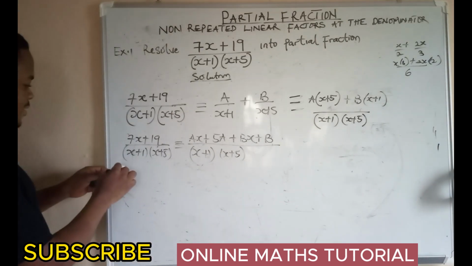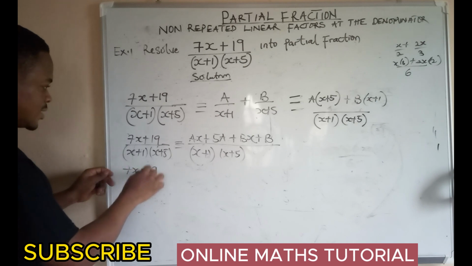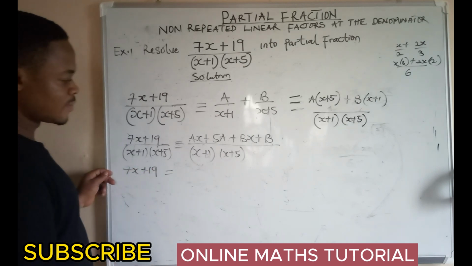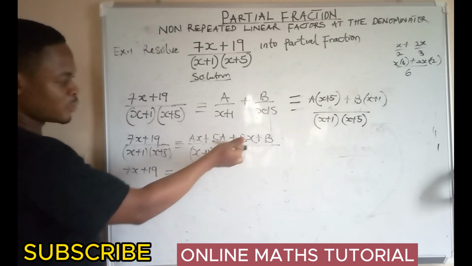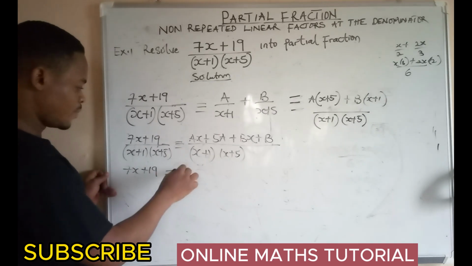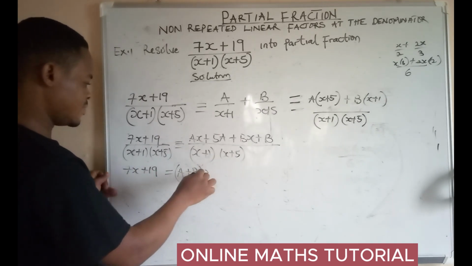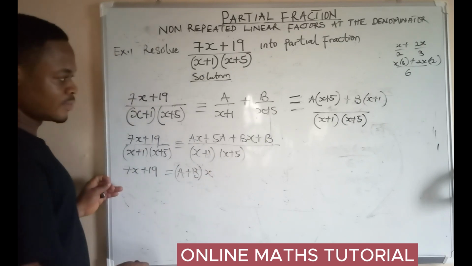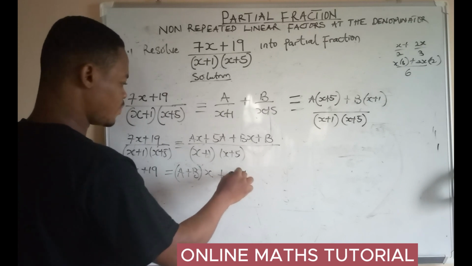So we have that 7x plus 19 is equal to, we can collect like terms by bringing the ones with x together. So we can have a plus b all into x, then plus 5a plus b.